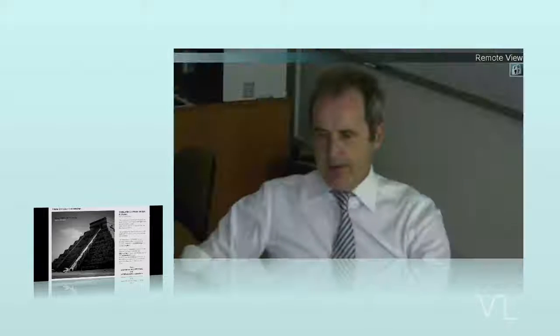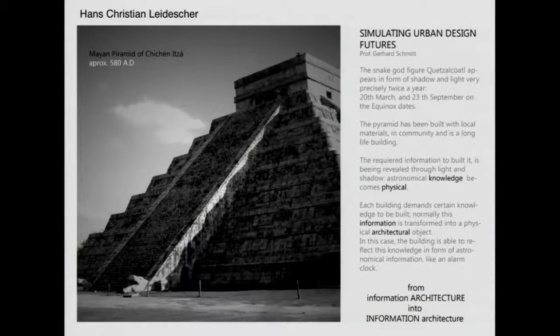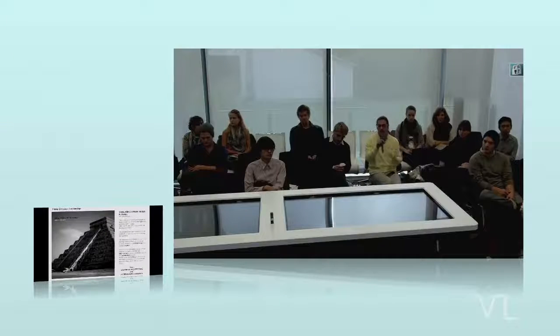And here a historic example from Hans Christian Leiderscher. Are you there as well? Yeah, hello. I found this example especially interesting because somehow I think there's a loop between information architecture and information architecture. I want to try to explain it.